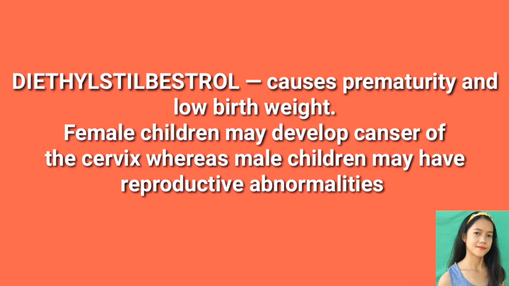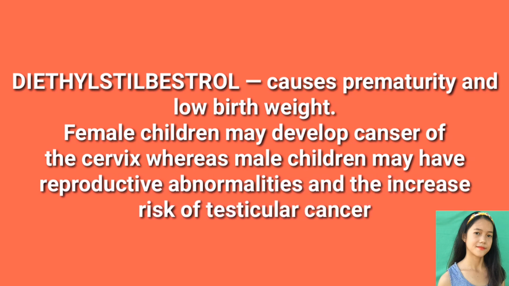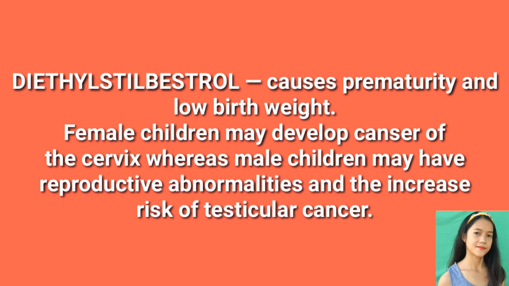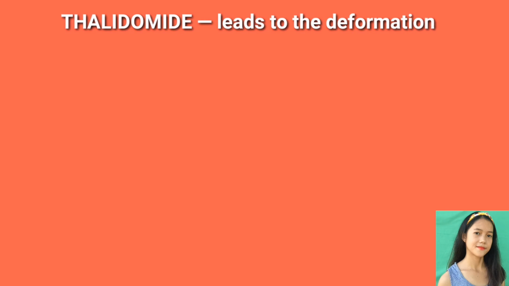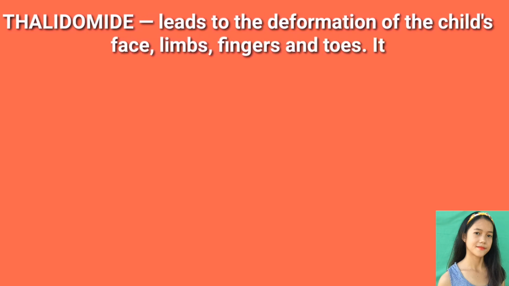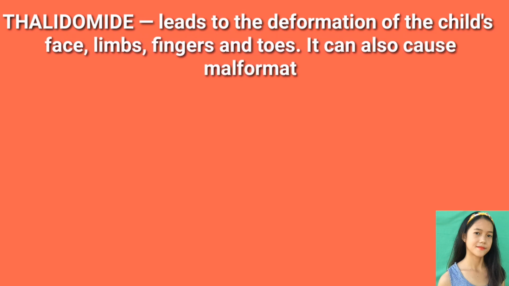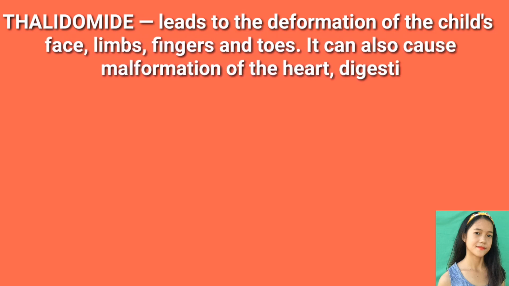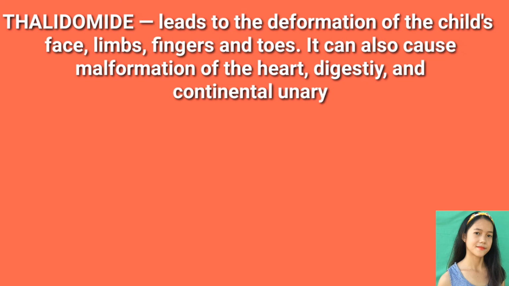Female children may develop cancer of the cervix, whereas male children may have reproductive abnormalities and an increased risk of testicular cancer. Thalidomide leads to the deformation of the child's face, limbs, fingers, and toes. It can also cause malformation of the heart, digestive, and genitourinary tracts.